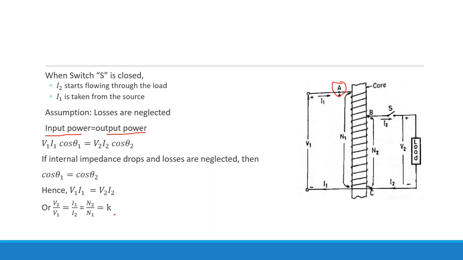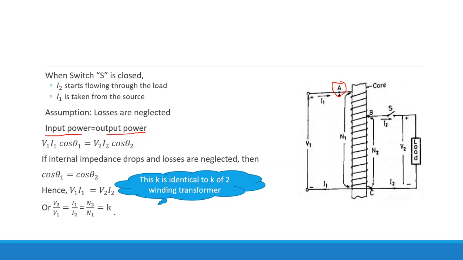So try to recall, in case of two winding transformer, this is nothing but your transformation ratio. The same thing you are getting here in case of auto transformer, that is the transformation ratio. V2 upon V1 equal to N2 upon N1 equal to I1 upon I2 equal to some constant K. We are calling it as transformation ratio.